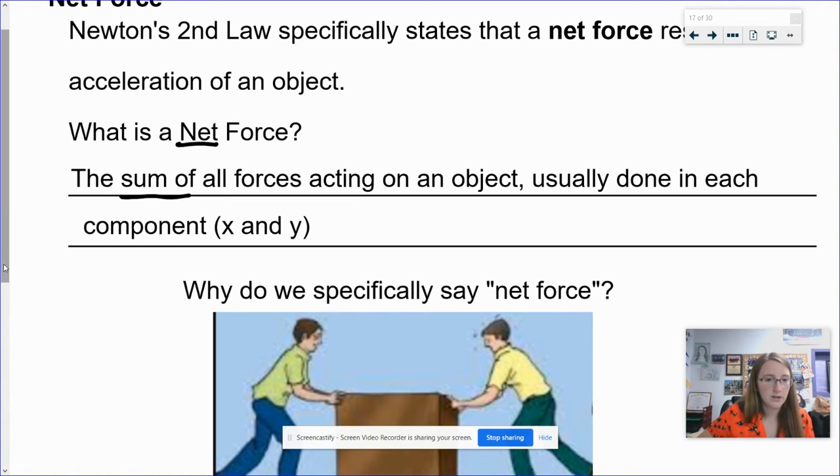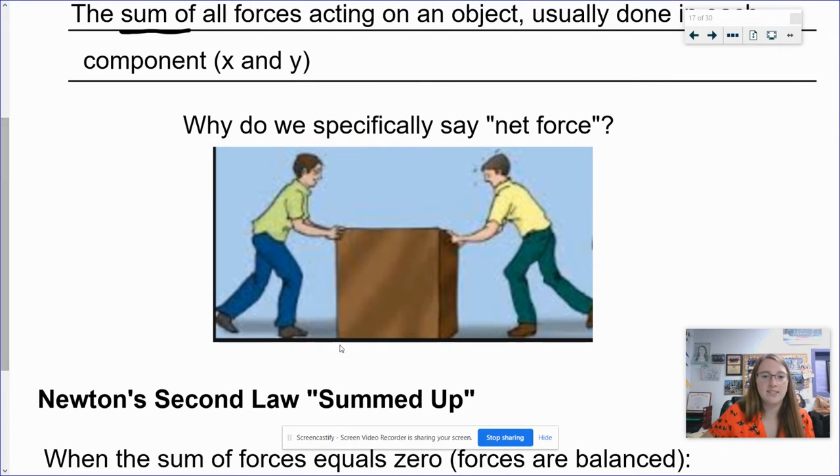Looking at this example here, here's why we have to say net force. Say that both of these guys are not paying attention to the other and are just pushing against the box. They're trying to move it, but they're both pushing this way because they're just idiots. This guy is applying a force this direction. This guy is applying the same force in the opposite direction.